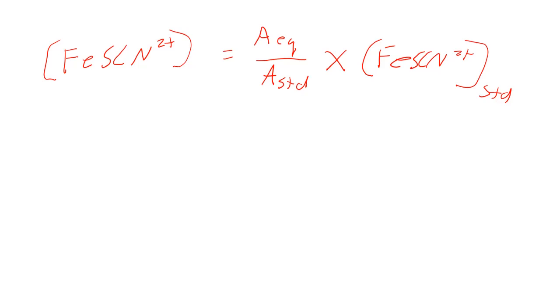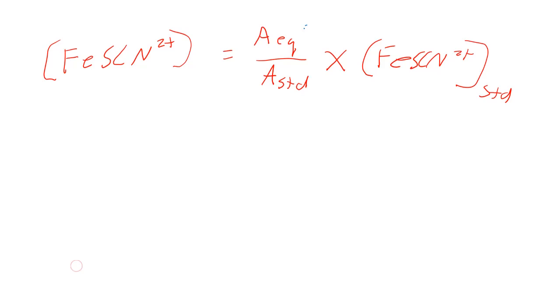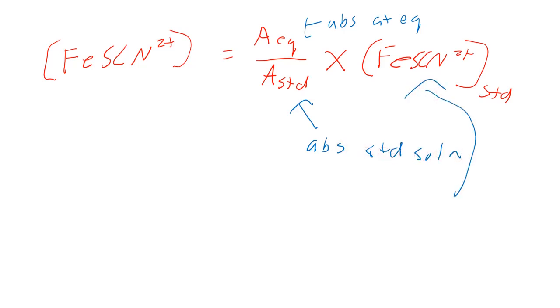A_eq is your absorbance at equilibrium, and A_standard is the absorbance of your standard solution. FeSCN2+ standard is the concentration of the standard solution.